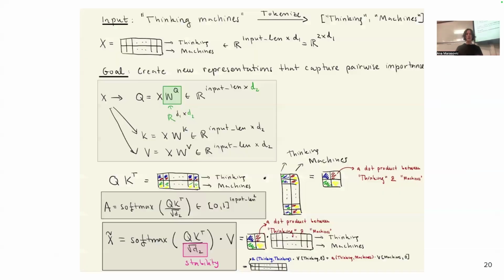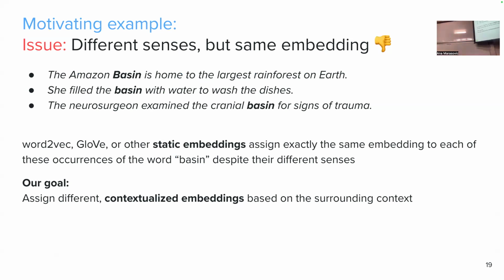Okay. Before I go into derivations on the whiteboard, I want to remind you of one of the issues we have, which is that we have words that can mean different things, that is, have different senses, depending on how we use these words, right? Like Bayesian here. And our problem with token embedding so far is that each time this word appears, regardless of its sense in a given text, we use the same static token embedding.